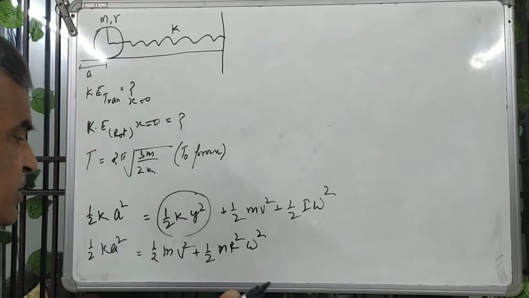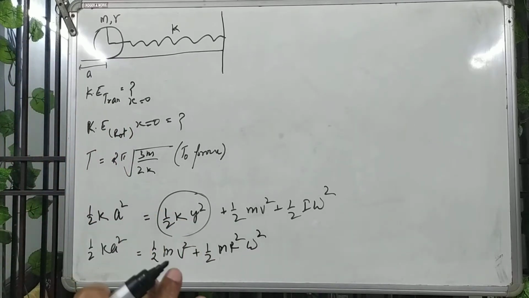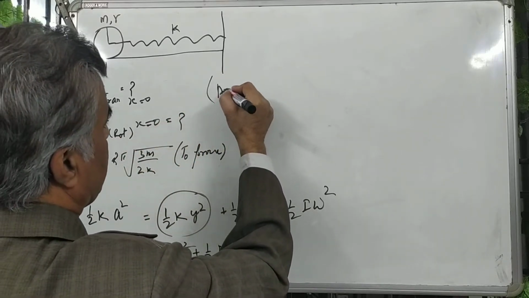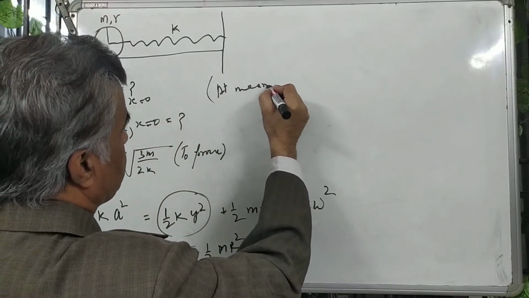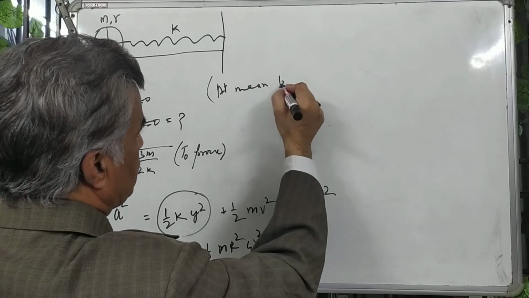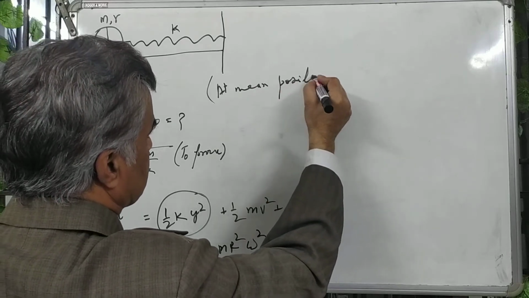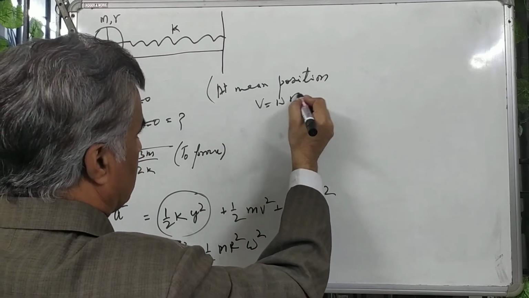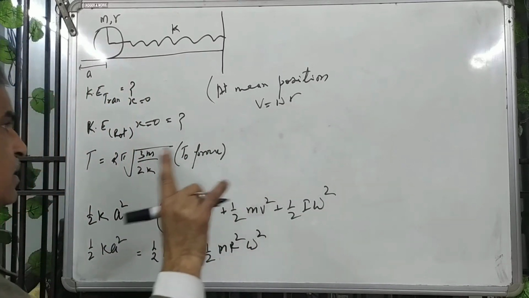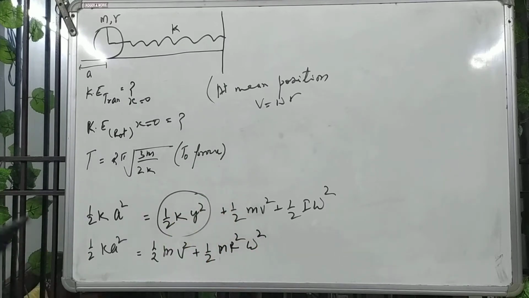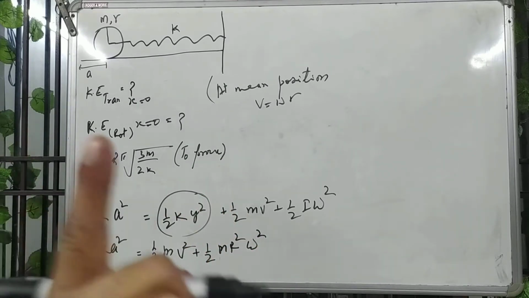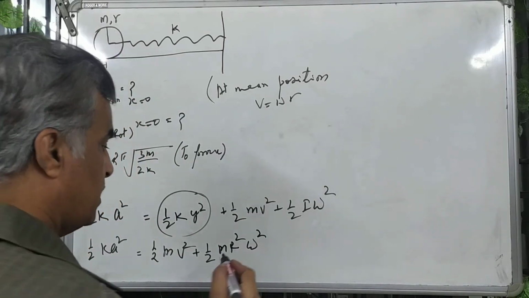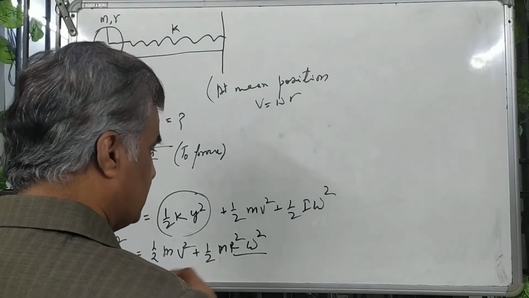At the mean position, v equals r omega, where r is the radius. Clear it, it is a condition at the mean position only. So you can write v for r omega.